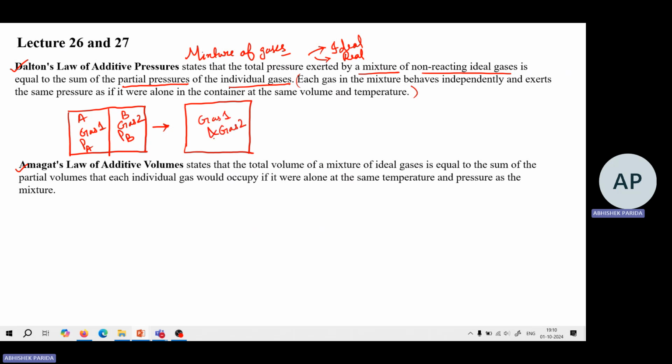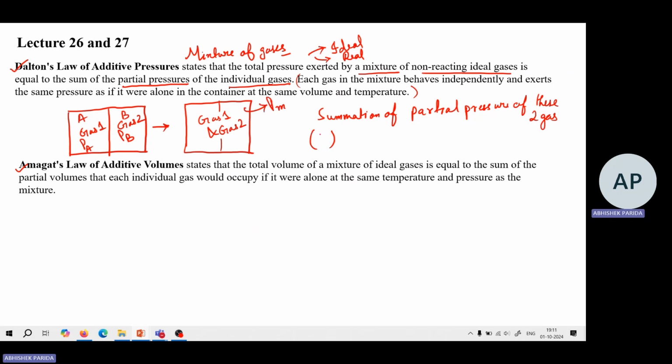But the pressure inside this container can be defined by the summation of the partial pressures of these two gases. How do we find the partial pressures? It is based on the mole fraction, or the mass fraction, or the volume fraction, multiplied with the total pressure. For example, the final pressure is PM.